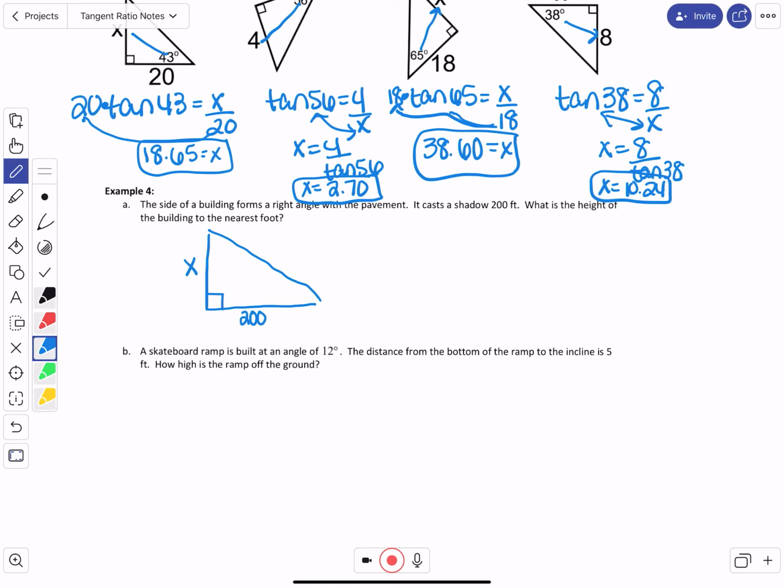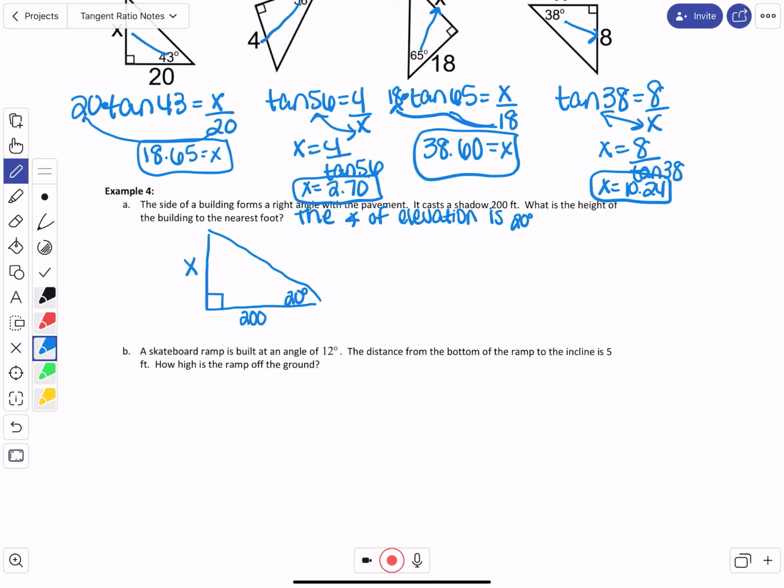I should have told you here that the angle of elevation is 20 degrees. Okay, so the angle of elevation is 20 degrees. All right, so you should know that. That should have been given to you.